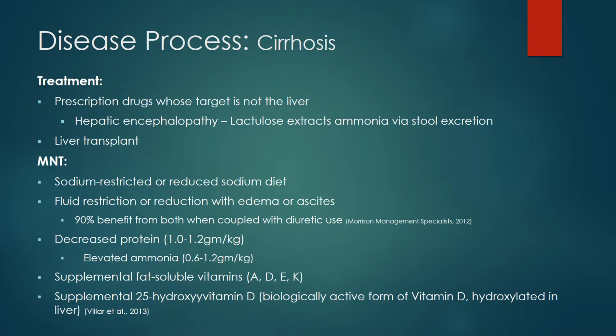So if that cannot occur, then it cannot be absorbed by the rest of the body. So putting it in there in that biologically active form helps to eliminate the step required of the liver and make it more bioavailable for use by the body, increasing vitamin D stores.